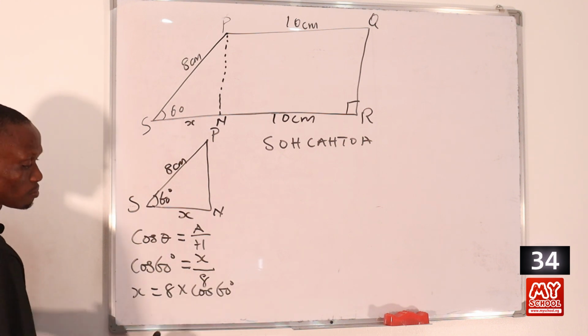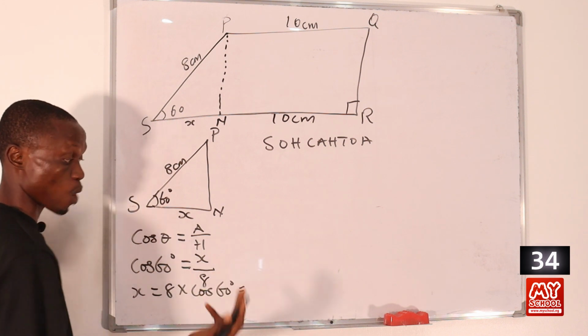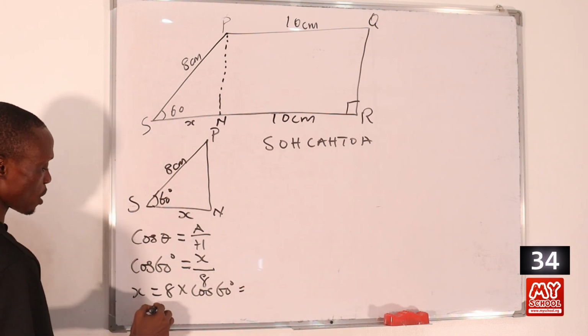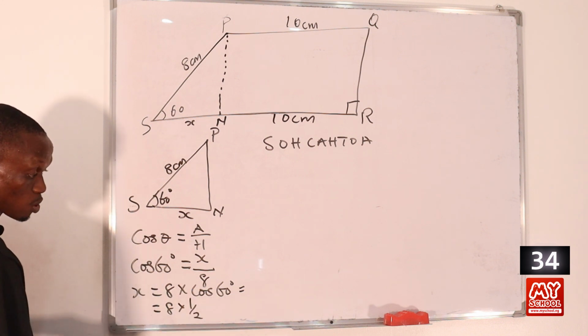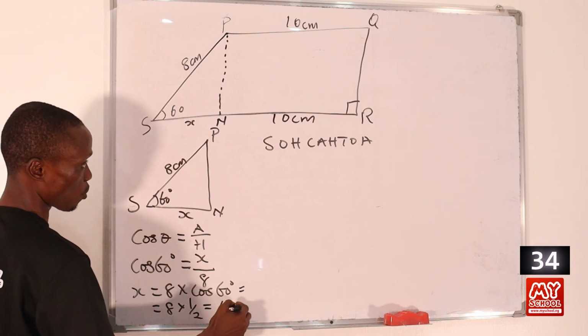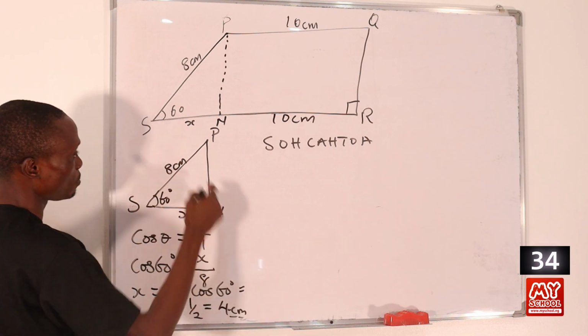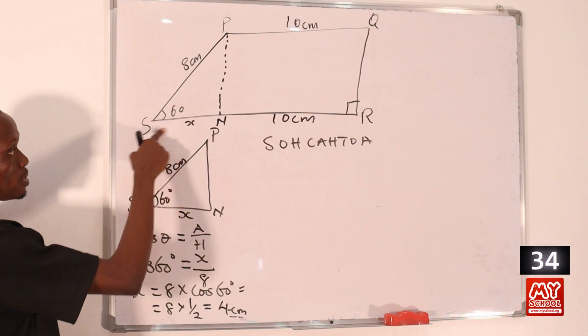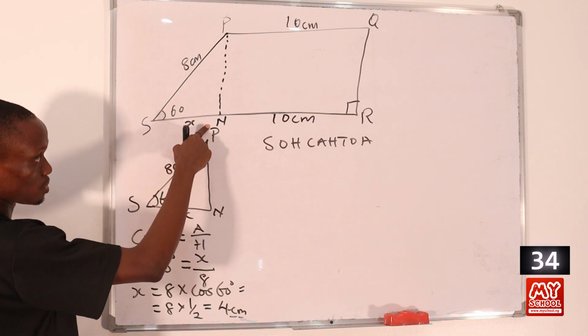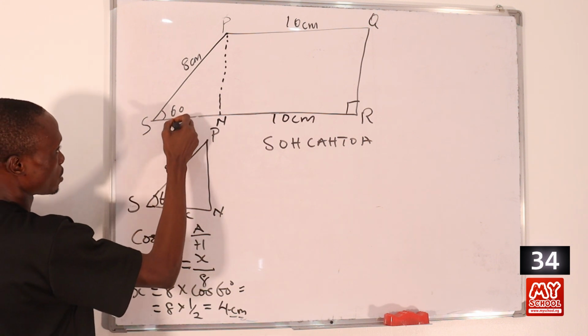Now remember that cos 60 degrees is equal to 1 over 2. So here we'll be having x equal to 8 times 1 over 2, and 8 times 1 over 2 is equal to 4 centimeters. That means SN is equal to 4 centimeters. So let's put 4 centimeters here.